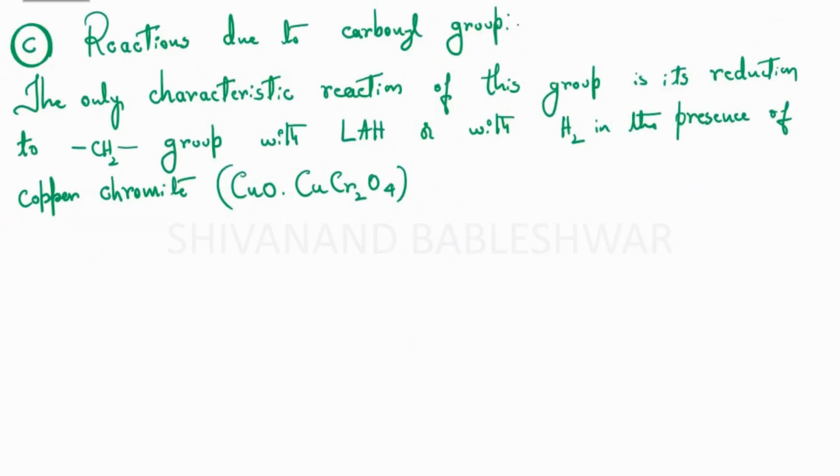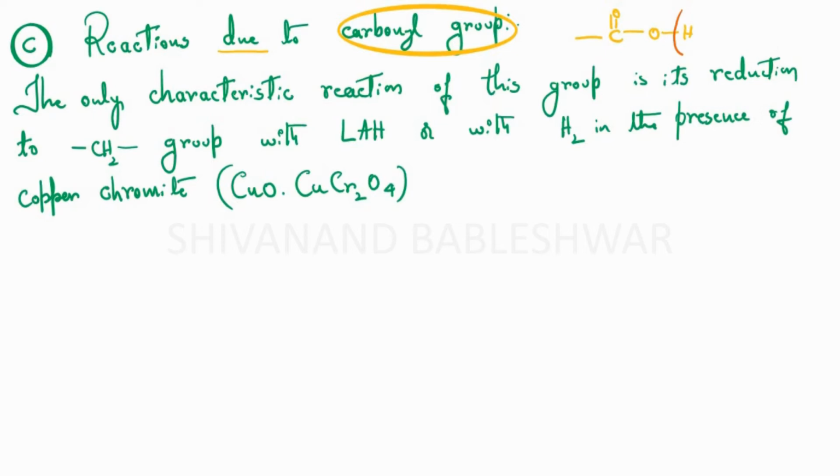Now we are going to learn part C here, that is reactions due to the carbonyl group of carboxylic acid, C double bond O and OH. In A we learnt reactions with respect to the hydrogen of the carboxylic group.